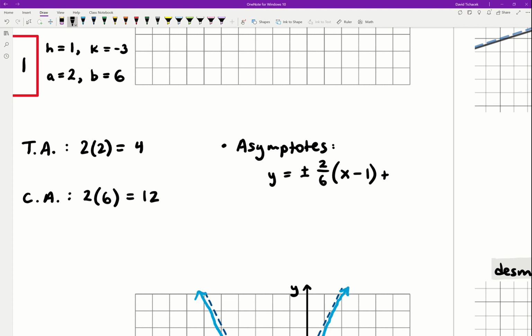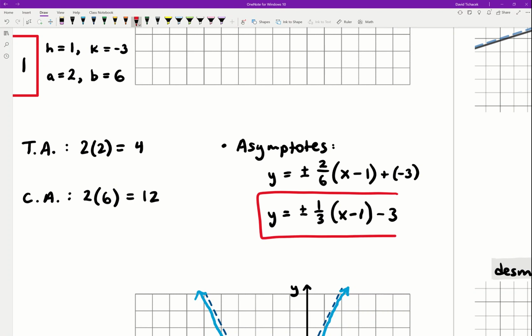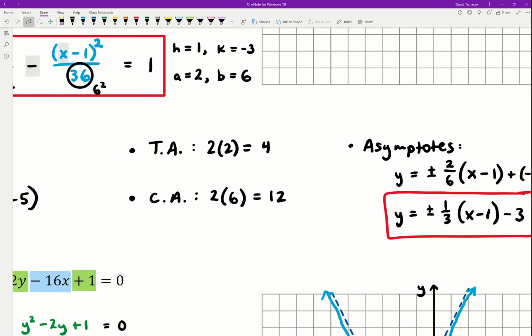So that'll be plus -3, or in other words, subtract 3 at the end. So we'll clean this up a little bit. We'll say here y is equal to plus or minus the fraction 2/6, that reduces to 1/3, times this quantity (x - 1), minus 3. And then as far as simplifying those asymptotes down, you could keep going with that, but this is a good way to represent that right here.